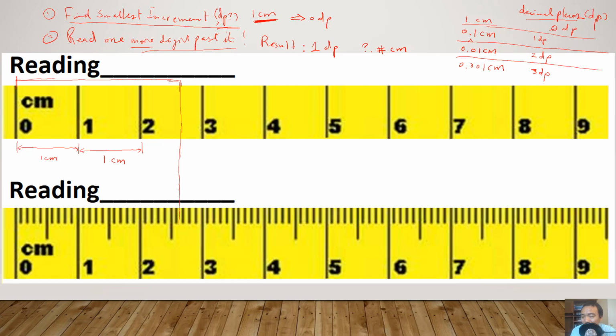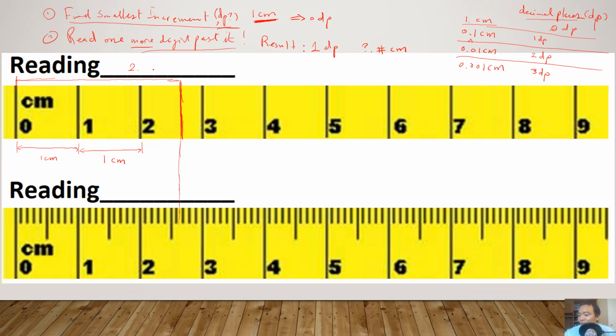So let's read this one. We know on the top one, the length is between 2 and 3. So it's 2 point something when we read it. It's 2 point, but in between 2 and 3, you have no more increments. So you will have to mentally divide between 2 and 3 into 10 increments and decide on which imaginary line it falls on.